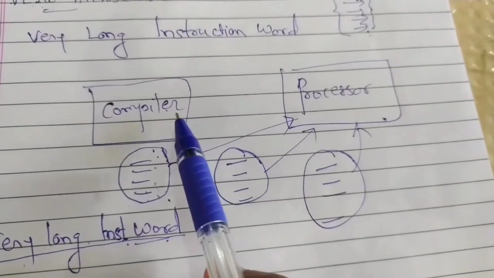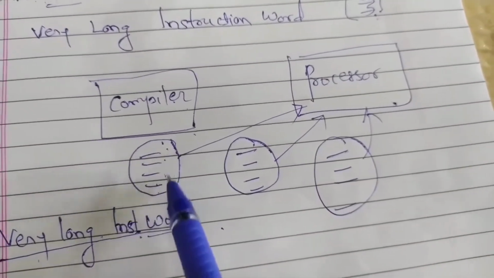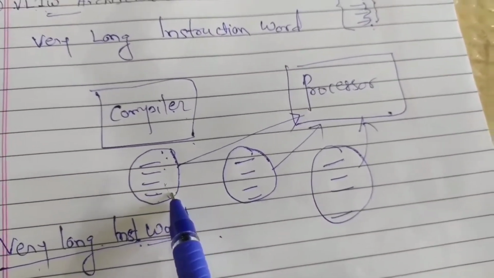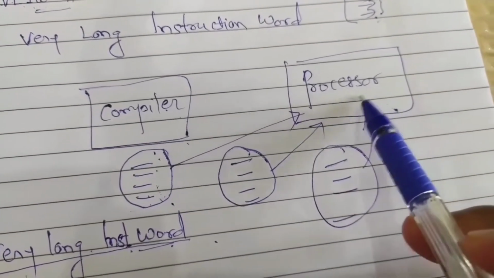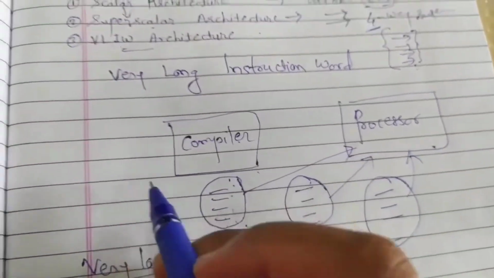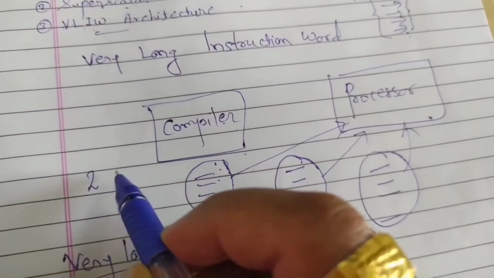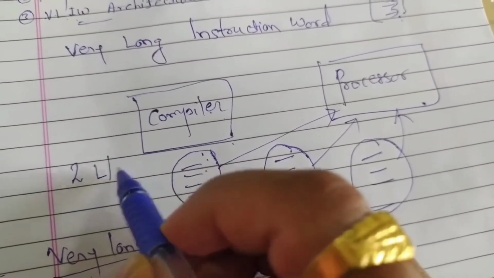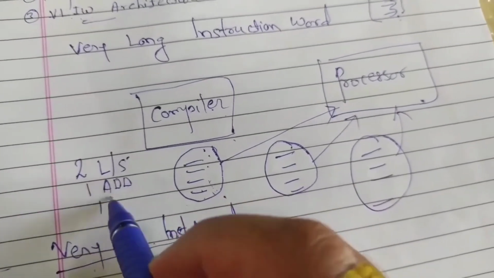How is the compiler choosing these operations? So definitely one thing is there, they should not be dependent on each other, and one more thing depends on how many functional units are provided by the processor. For example, suppose our processor has provided 2 functional units for load and store operations, one for addition and one for multiplication.